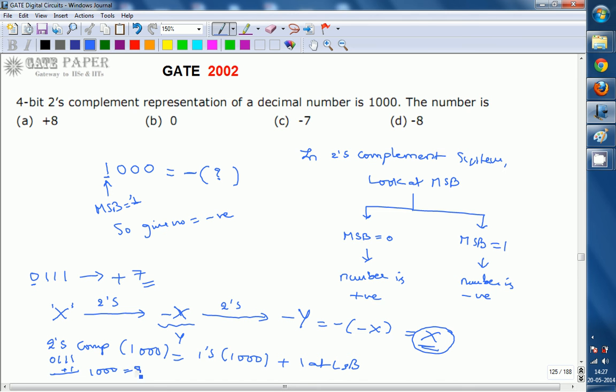This is positive 8. So the magnitude is 8, but since the MSB is 1, you write it as minus 8. This value is minus 8.